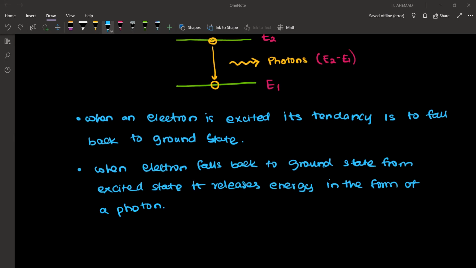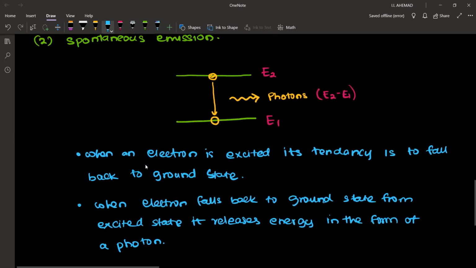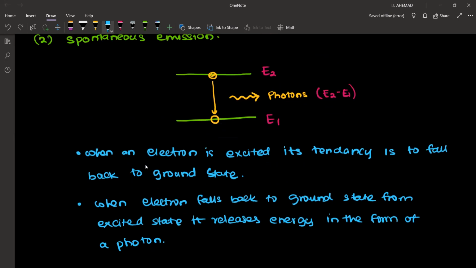Okay, is that idea clear? What's spontaneous emission? Once you have noted down, let me know.